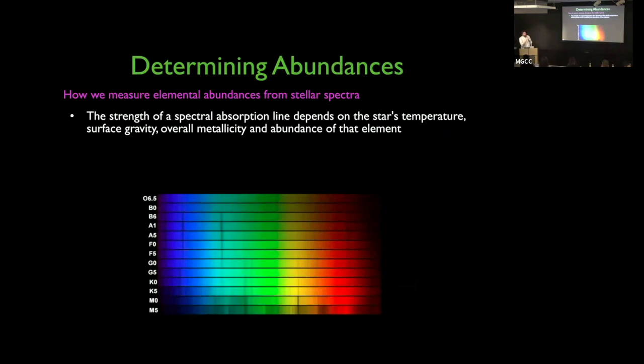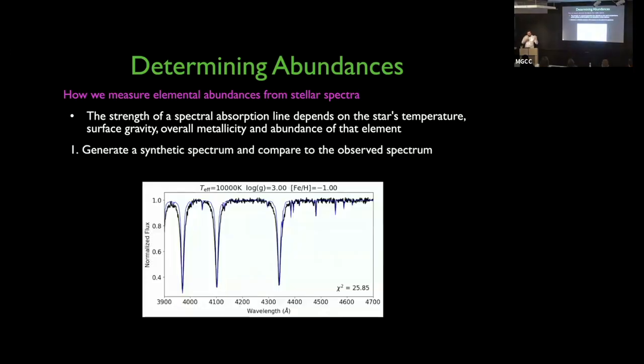Here is a temperature sequence, and we can see that the dominant absorption lines, the vertical dark features, vary with temperature. So when you're trying to figure out what the abundance is, we want to generate a synthetic spectrum and compare it to the observed spectrum.